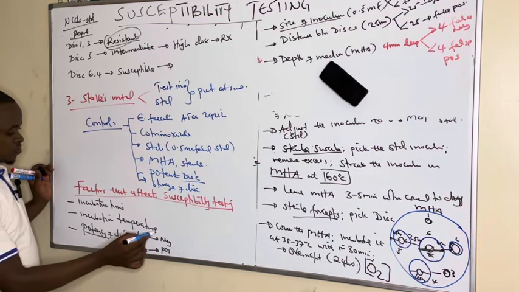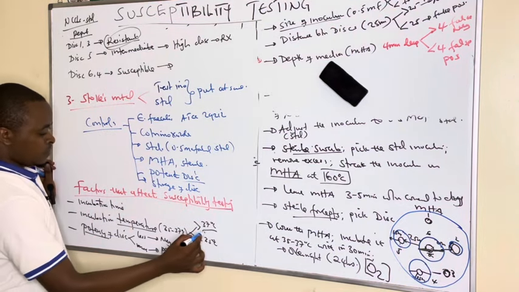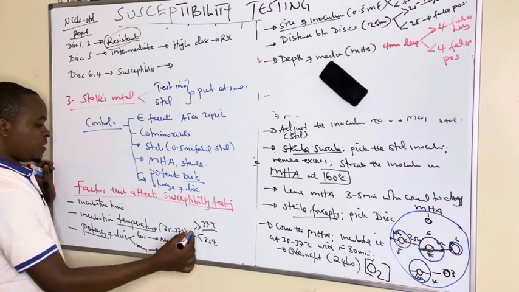Then incubation temperature, the ideal should be 35 to 37 degrees. Then tell us what happens if it is greater than 37 and if it is less than 35. If it is greater, it will depend.